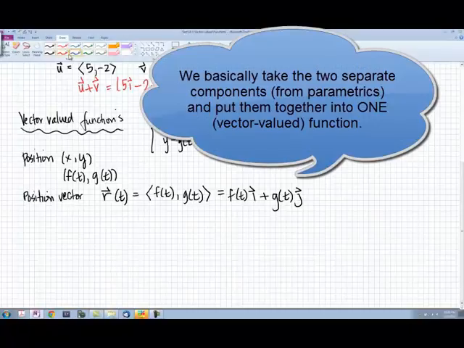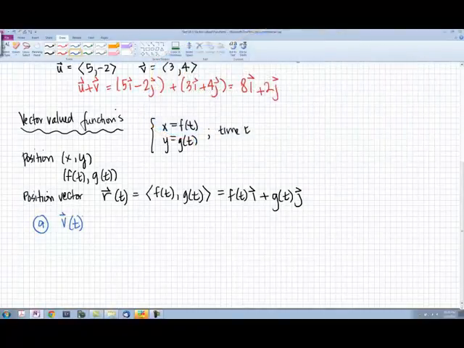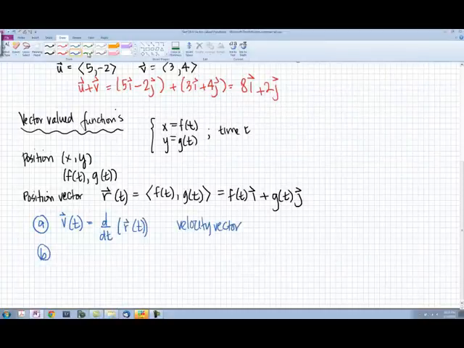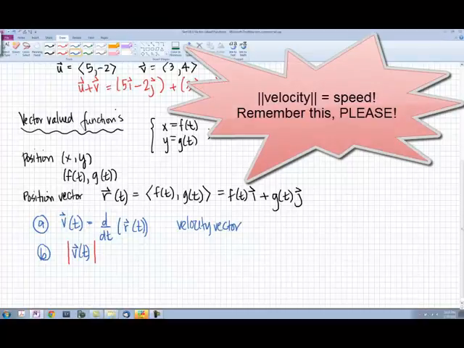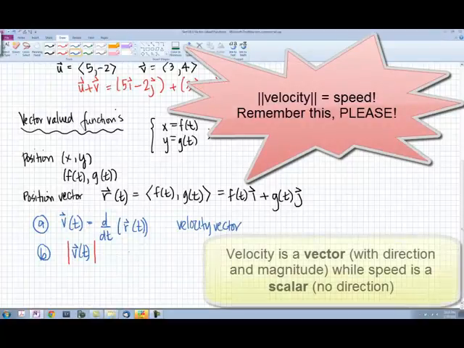Now a couple things about these that you should be aware of. The velocity vector, v of t, is what you get when you take the derivative with respect to time of our position vector. We can also calculate the magnitude of vector v, and the magnitude of velocity is the speed.